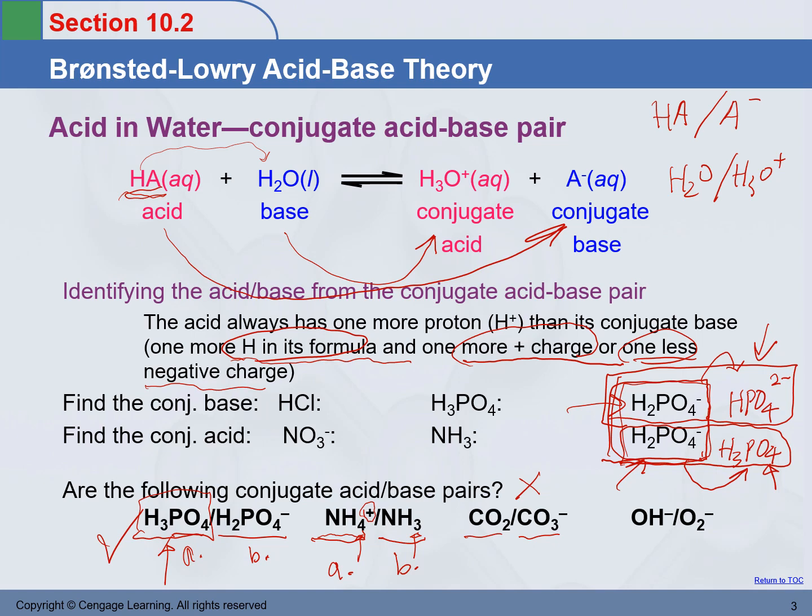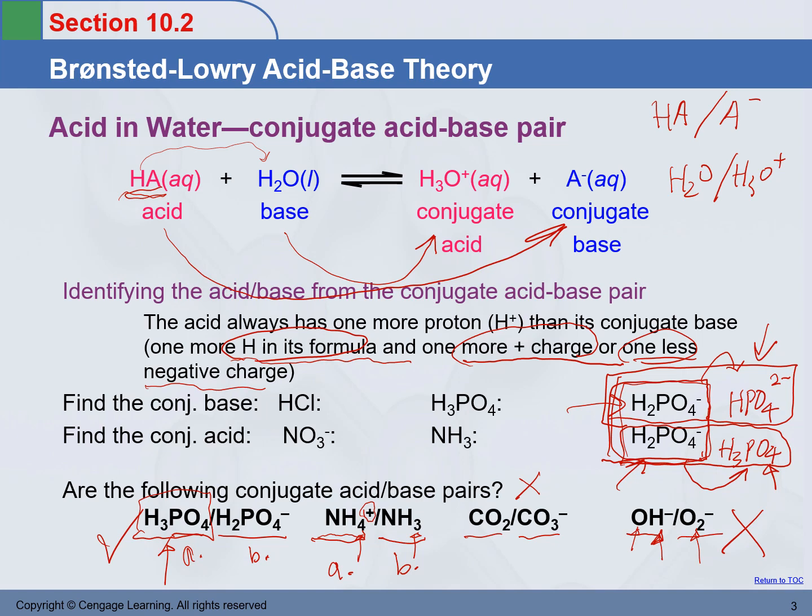They don't have a proton in it at all. It is not. This one, oh, the first one does have one more hydrogen in it. However, it has one oxygen here, not two oxygen here. No. The conjugate acid-base pair can only differ by one proton, nothing else. So you don't need to figure out the charges whatsoever. This is a no. It is not a conjugate acid-base pair.